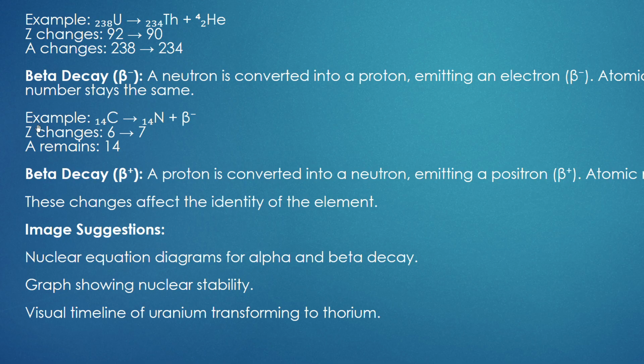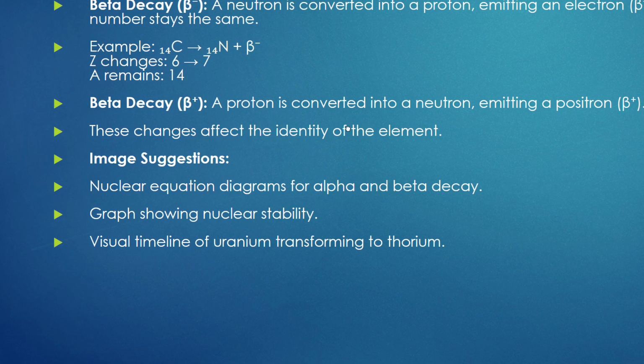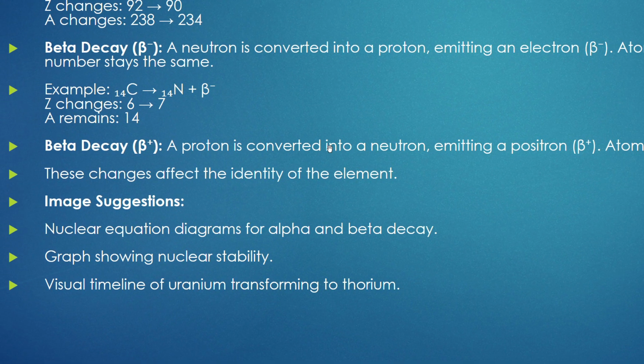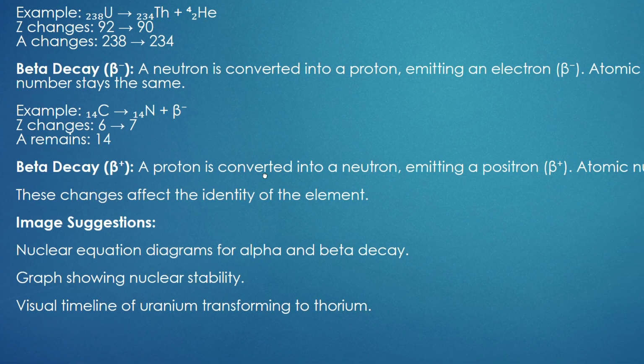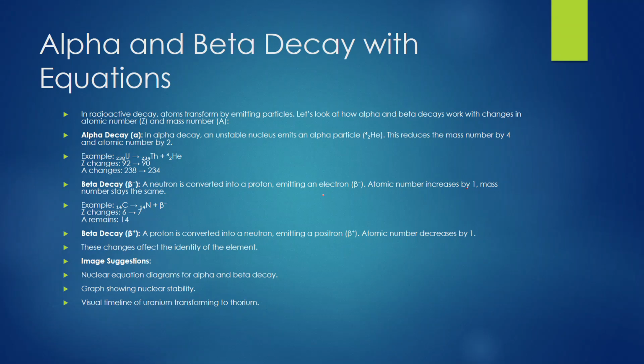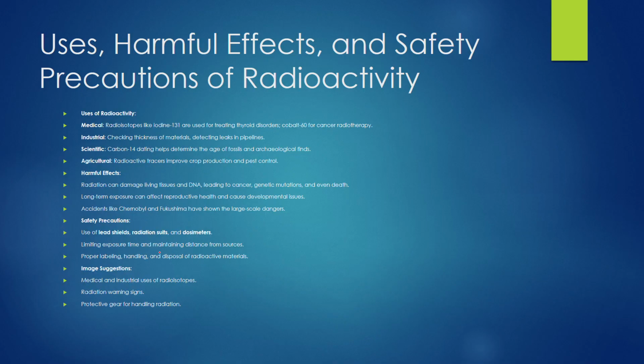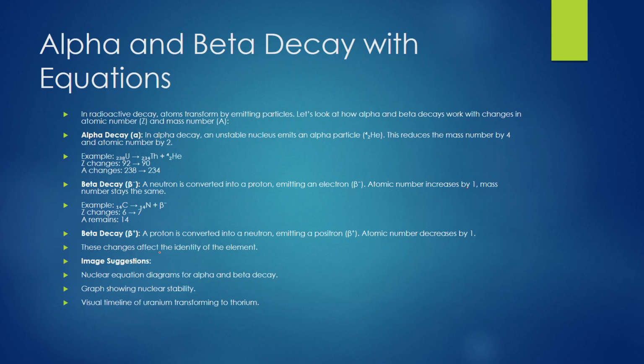So here the atomic number changes from 6 to 7, and the mass number remains the same, but the element changes. Okay, in beta decay what happens is a neutron is converted into a proton. I have just made a mistake, the same thing is repeated, and this is the image for that. Maybe I don't have an image for this one.